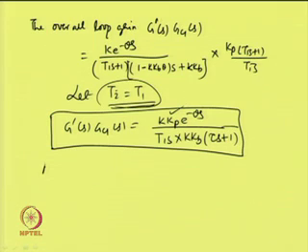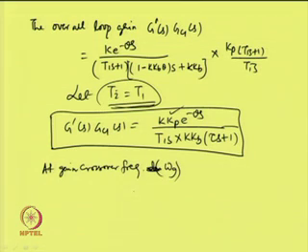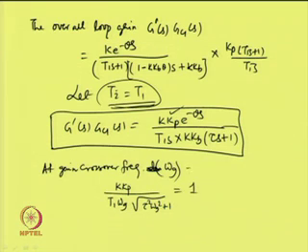At gain crossover frequency, which is denoted by omega g, the loop gain becomes K p upon T 1 omega g root of tau square omega g square plus 1 is equal to 1, because at this frequency the loop gain is equal to 1, that is what we have expressed.